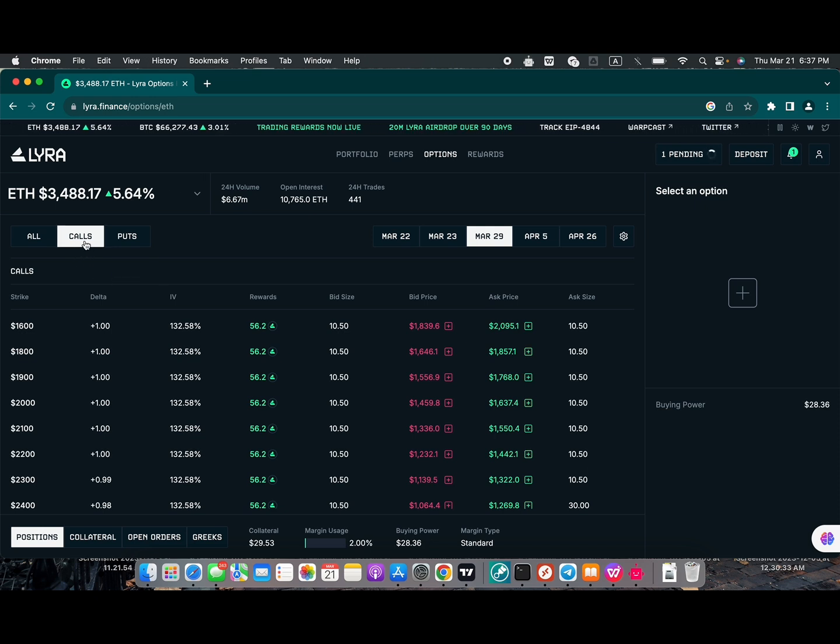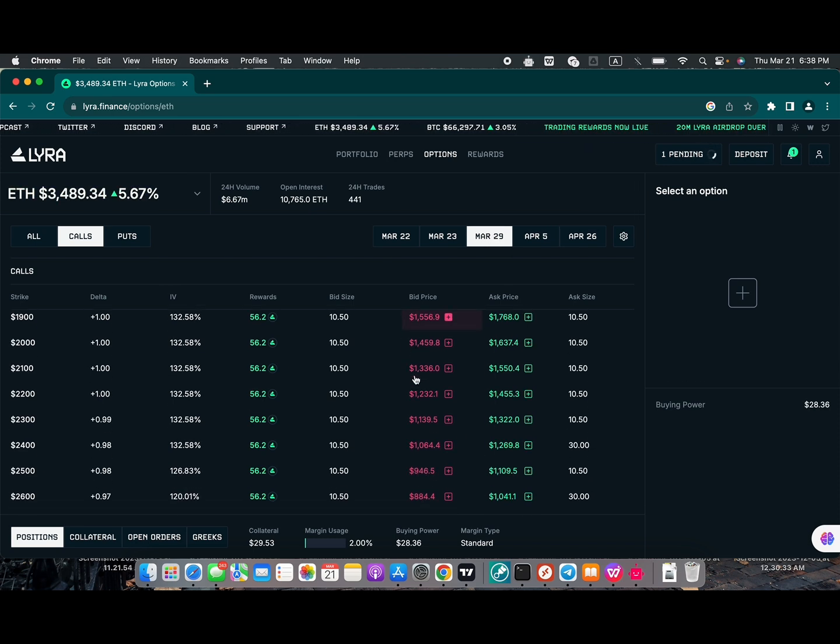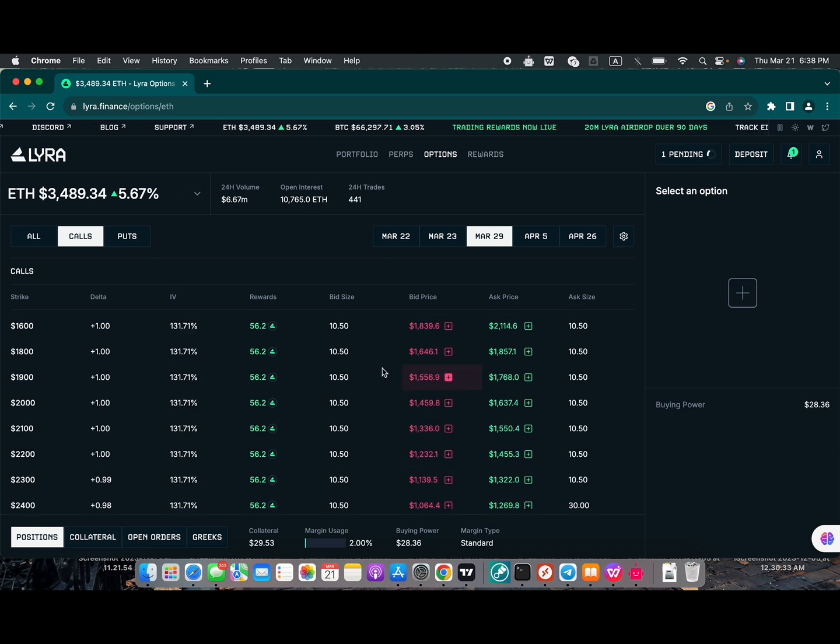Basically, if we're buying this call option at this price with a duration of 8 days, we're predicting that Ethereum would go above 16,000. We want to buy the right to own this at 16,000.